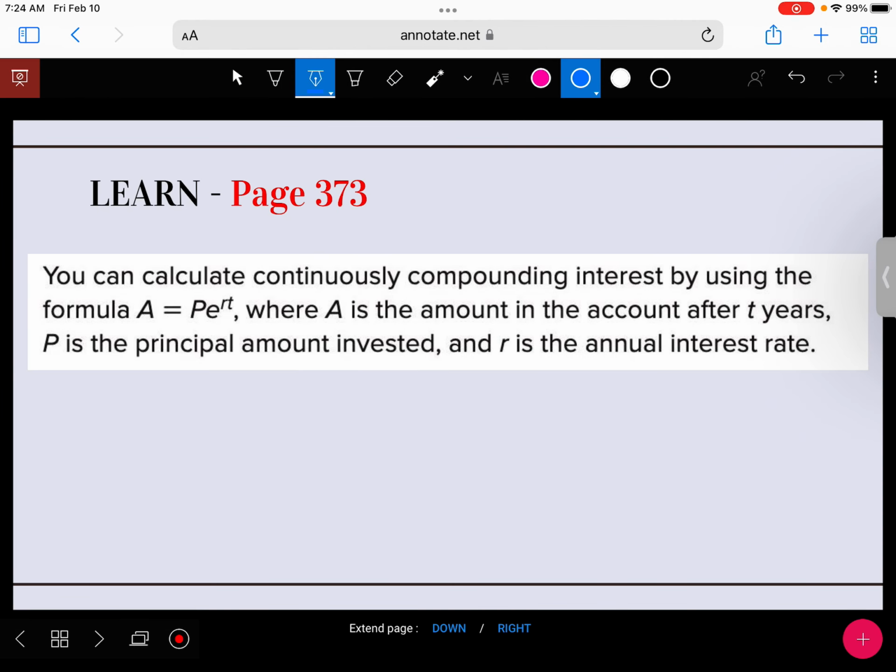Open up your workbooks to page 373. Today we're just going over a continuation of our compound interest. This one, though, is a little bit of a new idea. It's just a different formula, which you will be given on your test. But the cool thing about it is that we get to use e now.